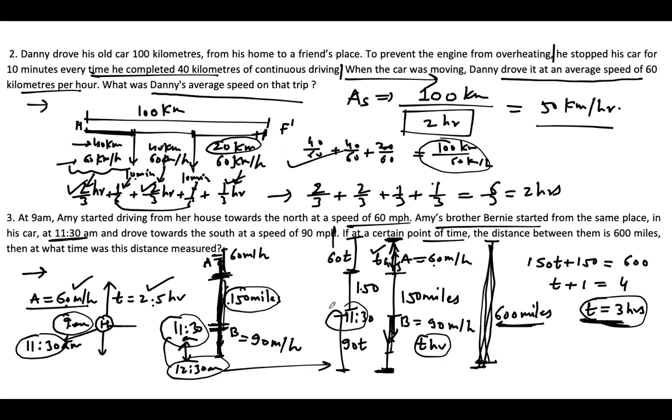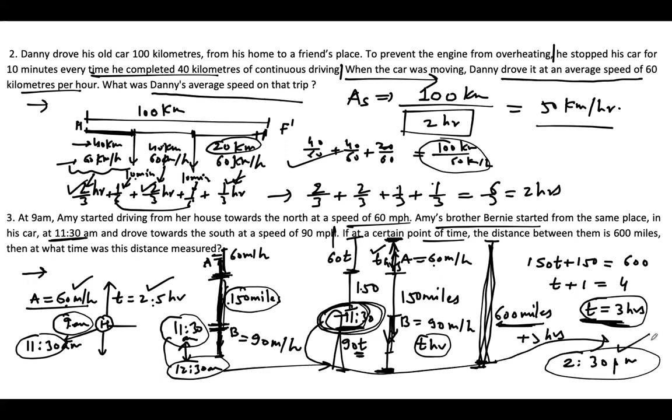After 3 hours, with respect to what time? Please don't get confused. After 11:30, they'll reach this point in 3 hours. So with respect to 11:30, you need to calculate plus 3 hours, which is 2:30 p.m. Is this point clear to everyone? Yes, sir. Okay, all right.